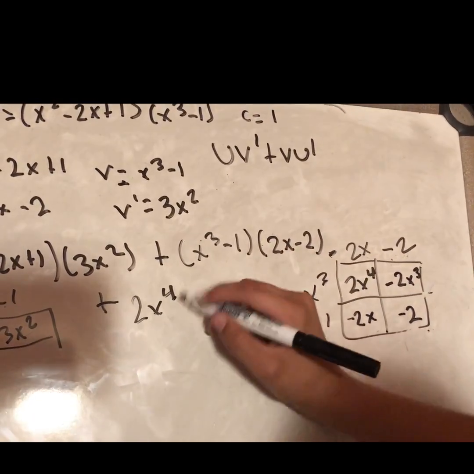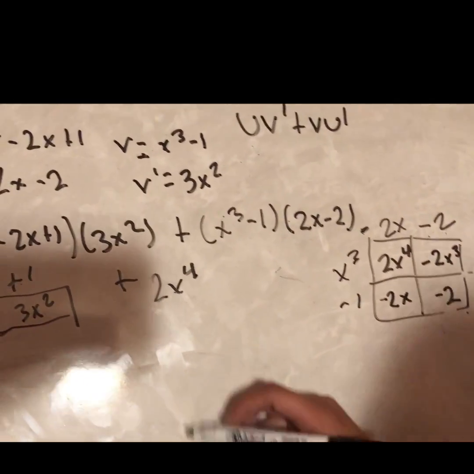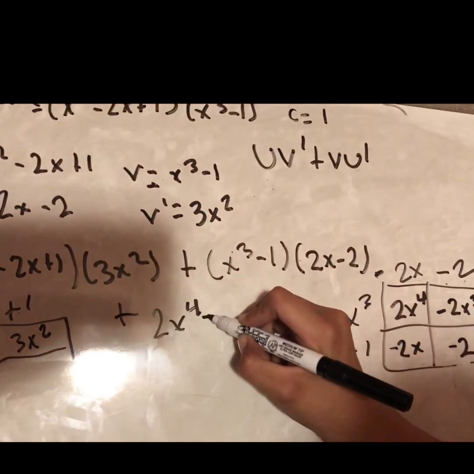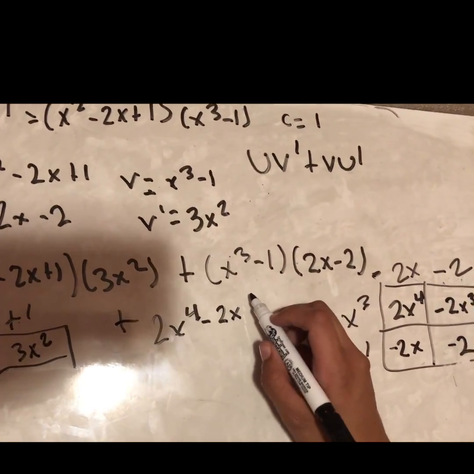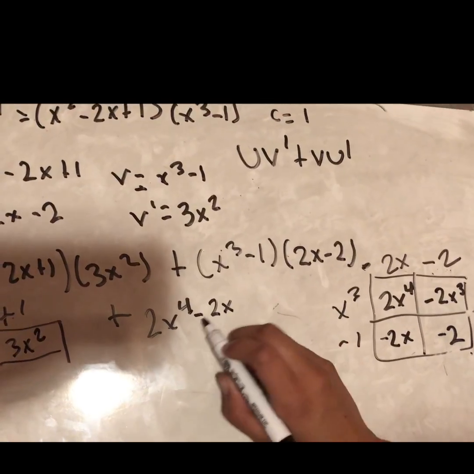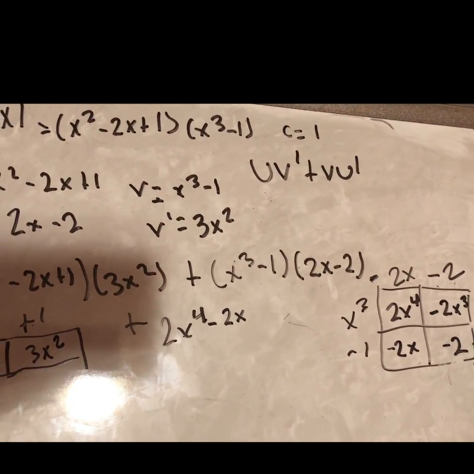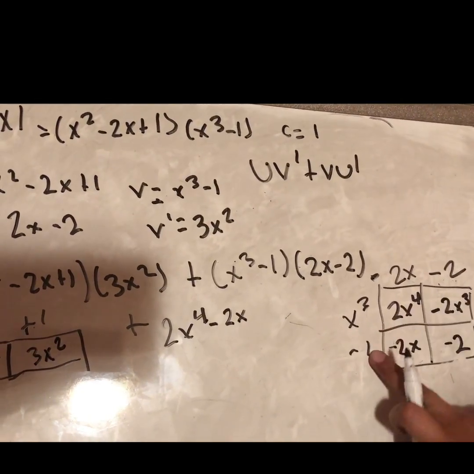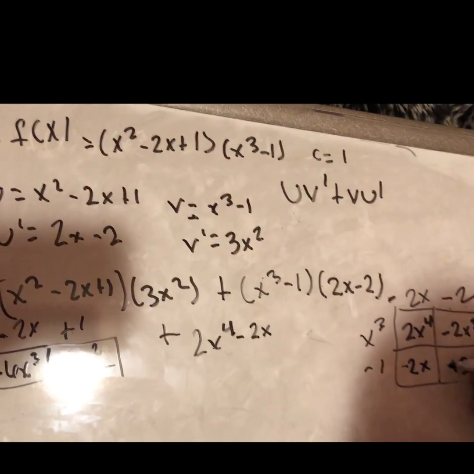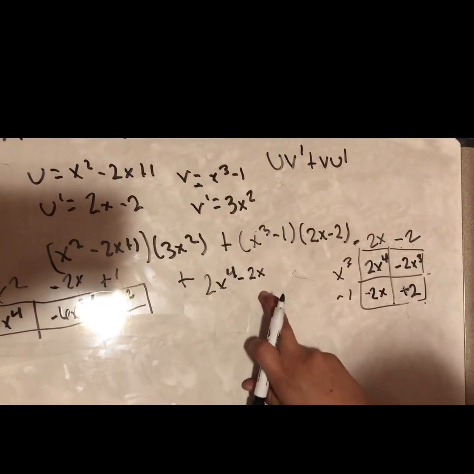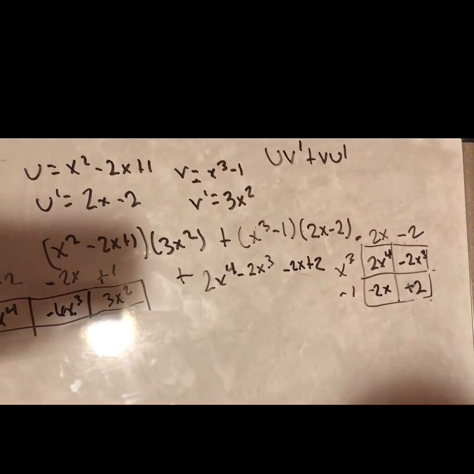We're just going to put the biggest ones in the front. 2x to the power of 4 minus 2x cubed. I noticed something, negative 1 times negative 2 is positive. So this is going to be minus 2x cubed minus 2x plus 2.